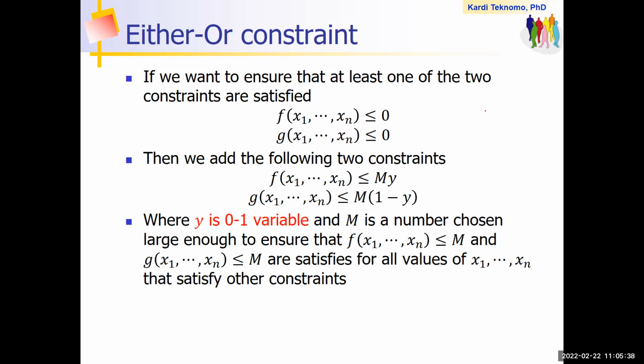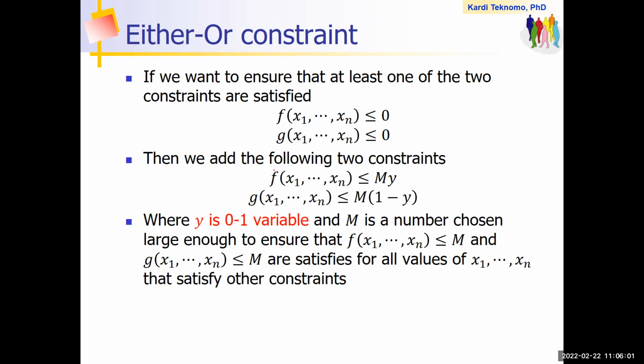If you want to say, look, I don't want both of the constraints satisfied, I just want one of the constraints satisfied, then how do you do that? You can do that by creating this type of constraint. You see, binary. So you create a new variable called y.